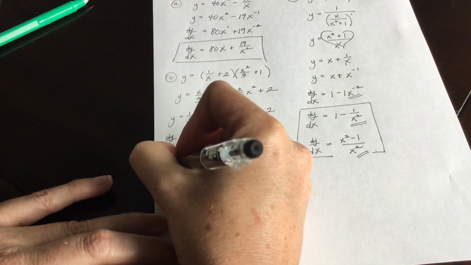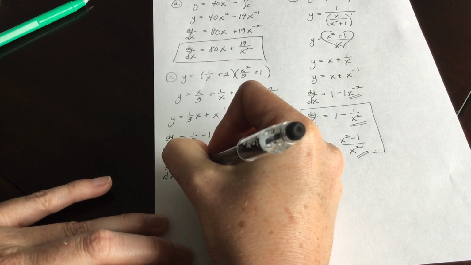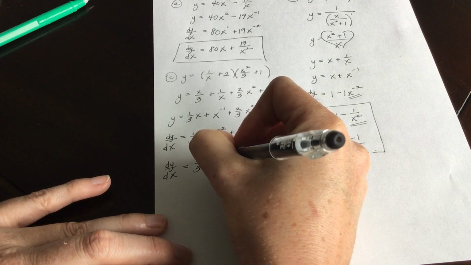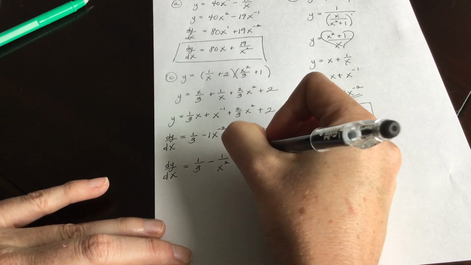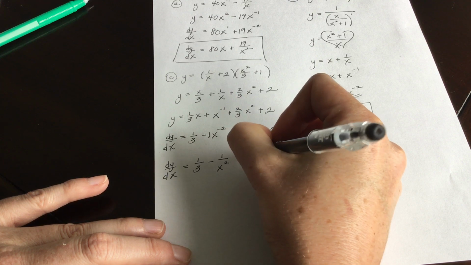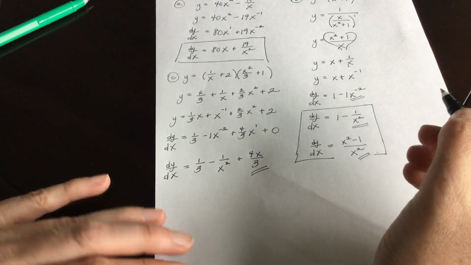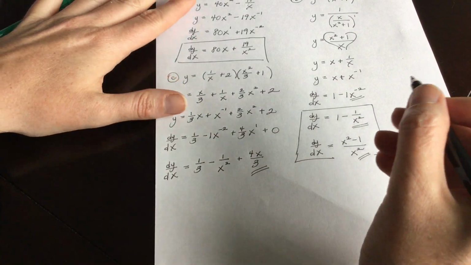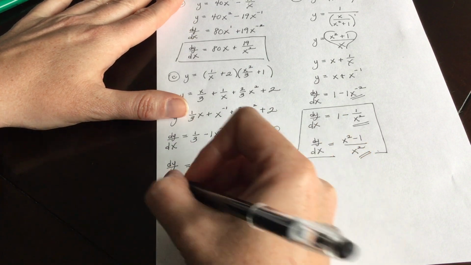Trying to simplify your answer, I could write it maybe as 1/3 minus 1 over x squared plus 4/3 x, or 4x over 3, same thing. This is one version of the answer that would be acceptable. Another acceptable version was where someone got a common denominator, which would be 3x squared.